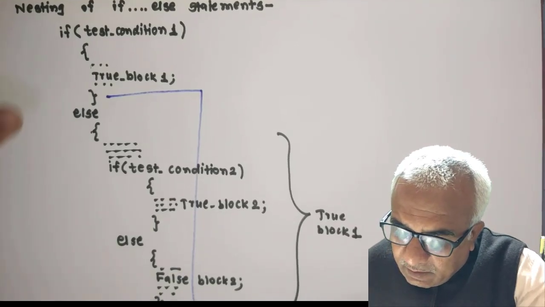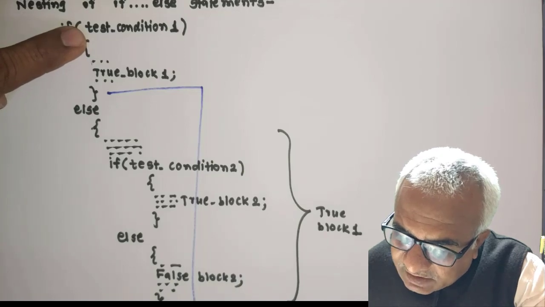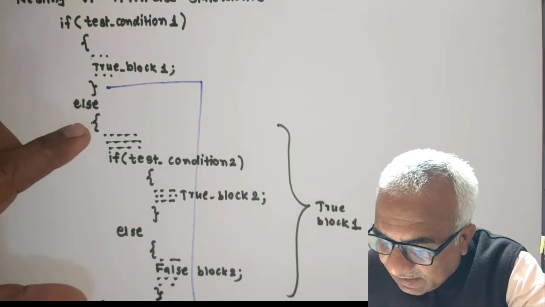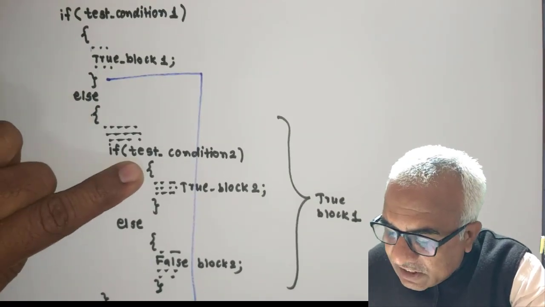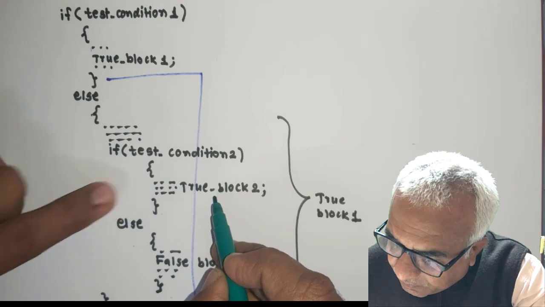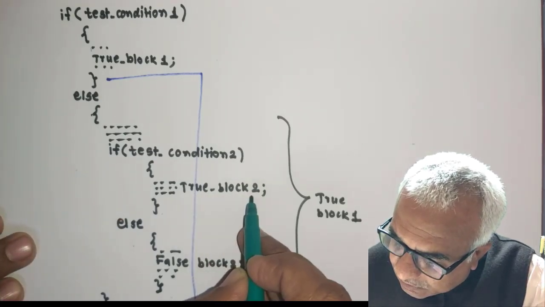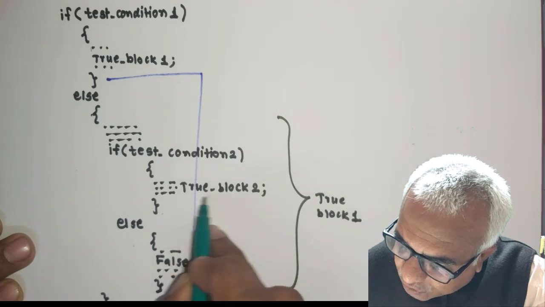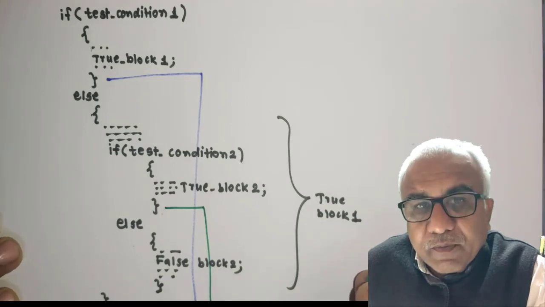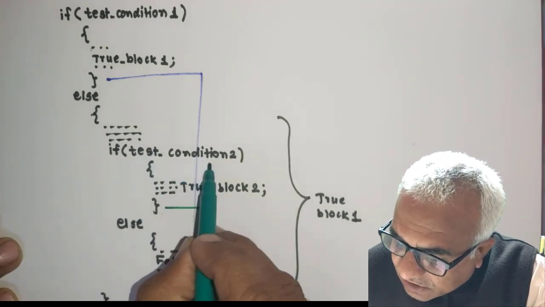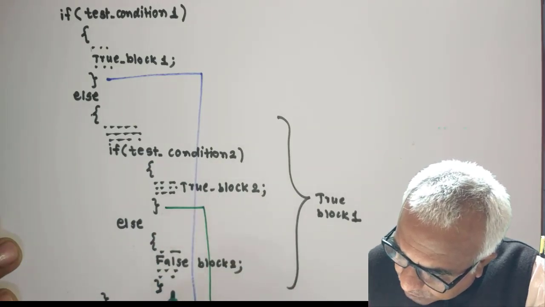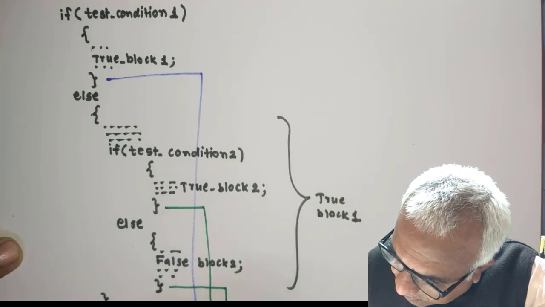And if this condition is false, then the else block of statements will be executed. In the else block, again a new test condition is tested. If this test condition is true, then the true block 2 statements are executed, and after execution of this true block, control is directly transferred to the statement X. On the other hand, if this test condition is false, then the false block of statements is executed, and after execution of the false block, control is transferred to the statement X over here.